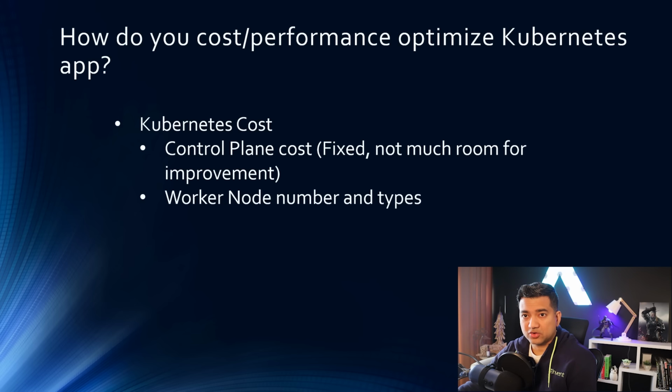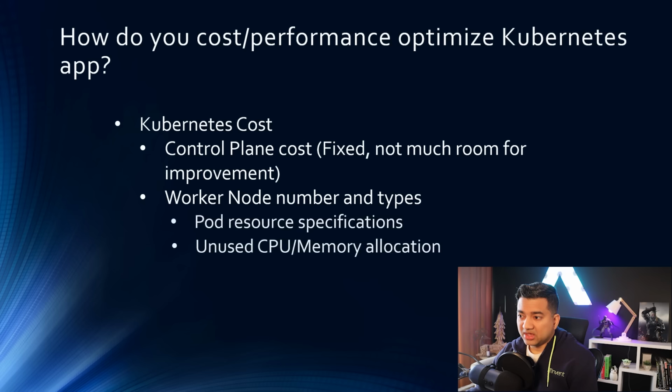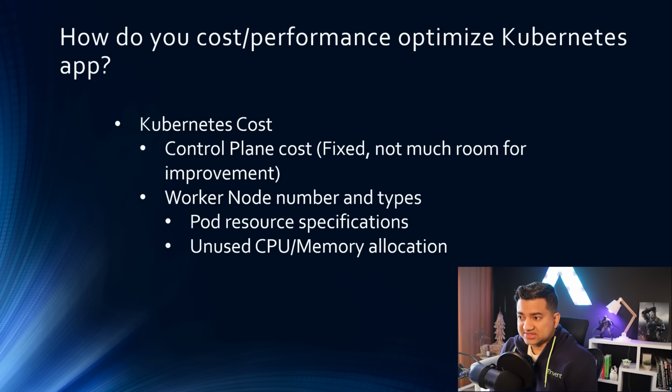Most of your Kubernetes cost will come from your worker nodes, the number of worker nodes, and the types of worker nodes, right? So how does the number of worker nodes get chosen? Basically, when you define your container image in a pod spec, you will define pod resource specification, like how much CPU, how much memory you want this container image to use.